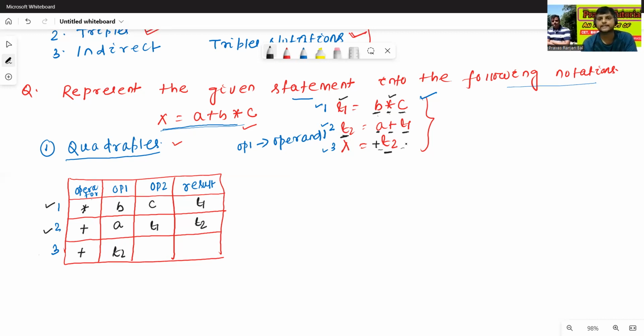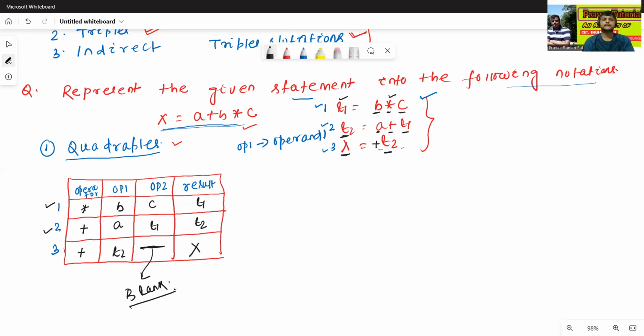There is no second operand, so we can simply write blank. Then the result is X. Remember one thing, this is a blank symbol. Don't consider it a negative or minus symbol. We can simply write blank.